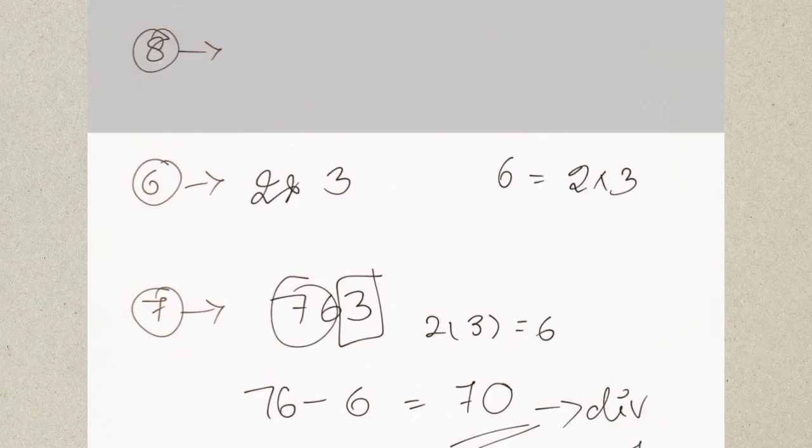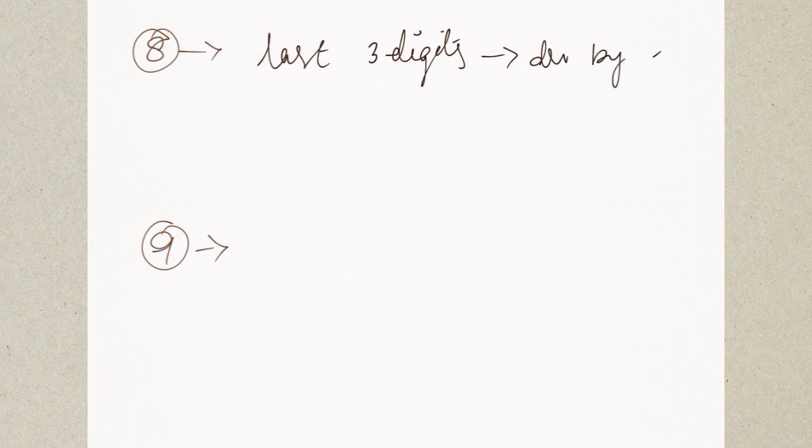Now 8. If a number has to be divisible by 8, the last 3 digits of the number should be divisible by 8. That's all the condition for this.